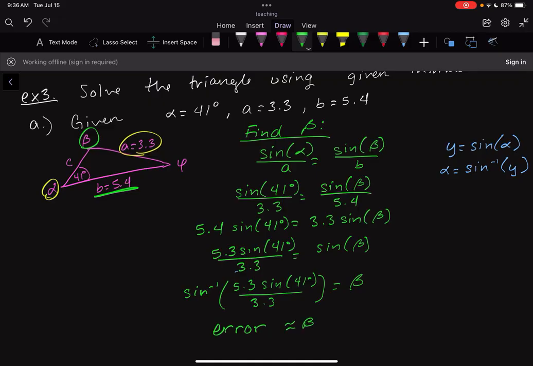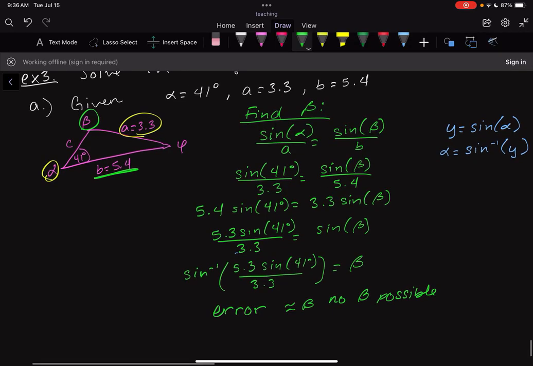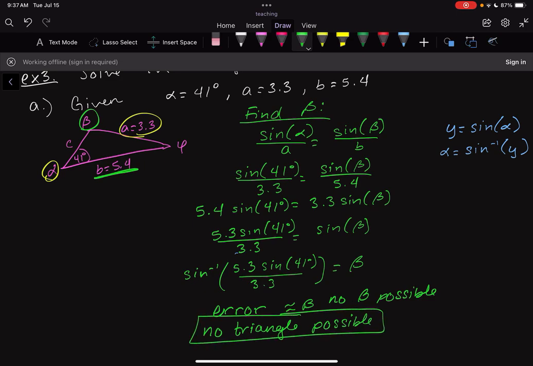This means that there is no beta possible for this setup. So if there's no beta possible, there's no triangle possible. So that would be my answer here. I would just say, sorry, there's no triangle that's possible with this information. It literally cannot make a triangle.